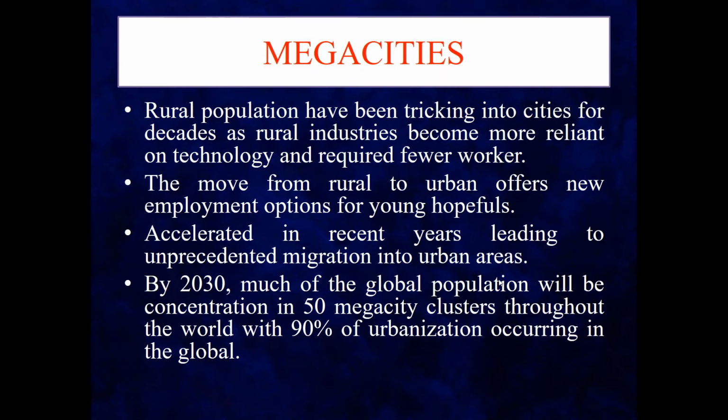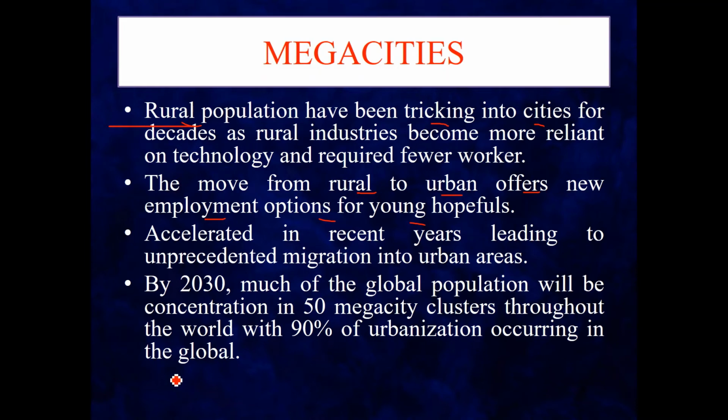Now, how are megacities created? The rural population has been trickling into the cities. Trickling means shifting, from the village to the urban area, right? The move from rural to urban offers new employment options for young, hopeful people.